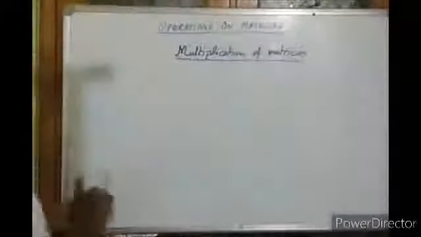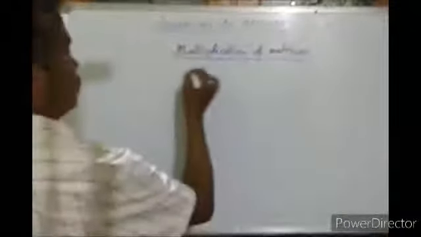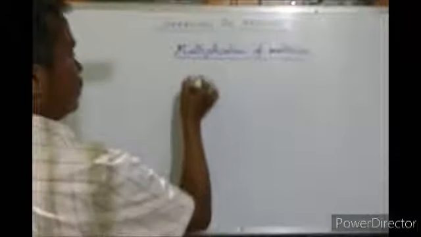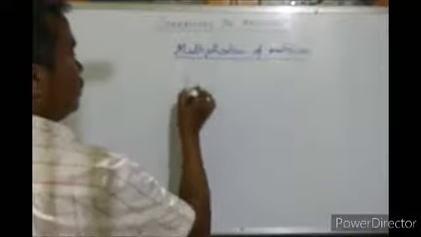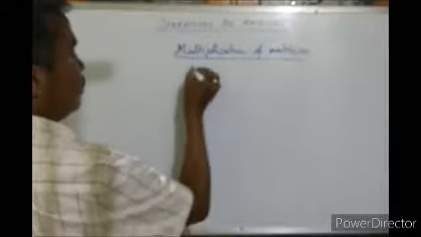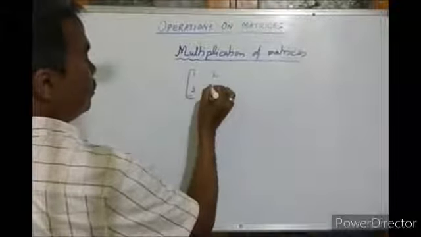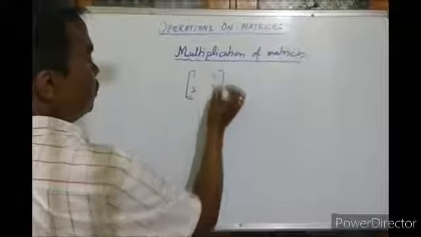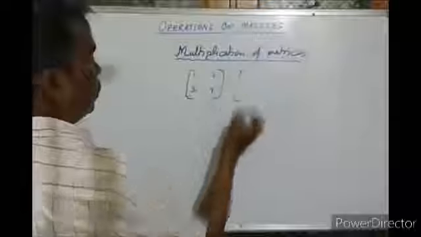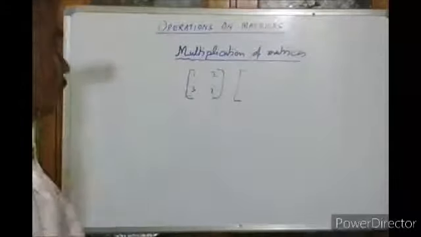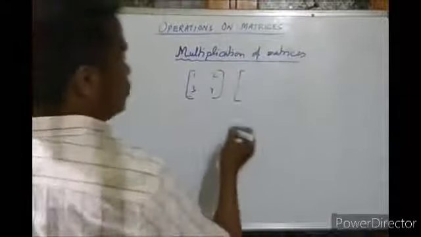So again, let us take another example of matrix multiplication. Let us take A as the matrix 1, 2, 3, 4. Here the number of rows is 2 and the number of columns is also 2.